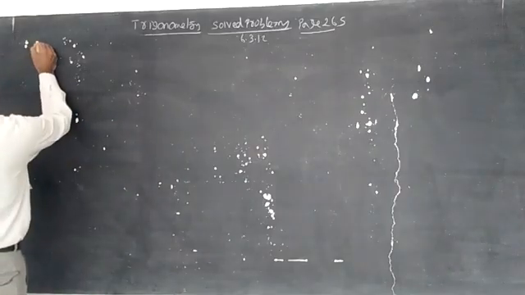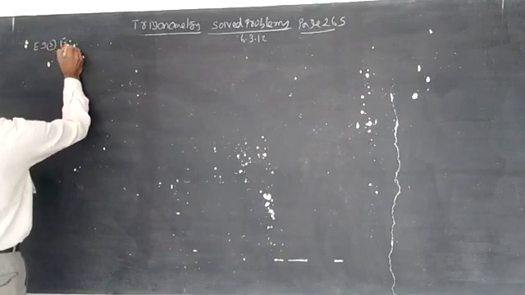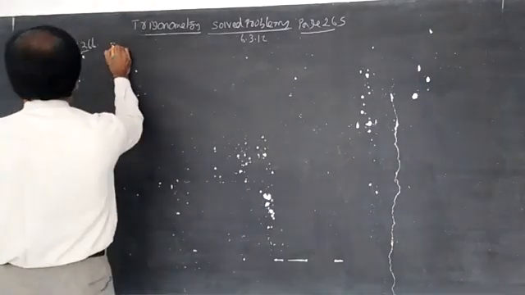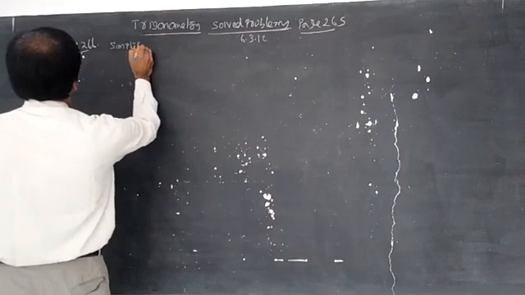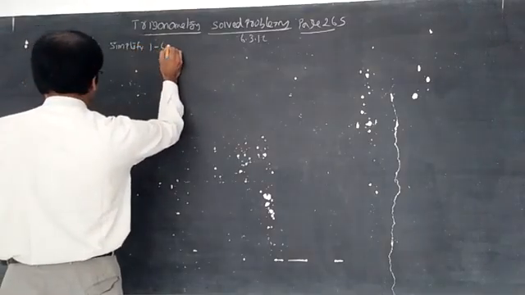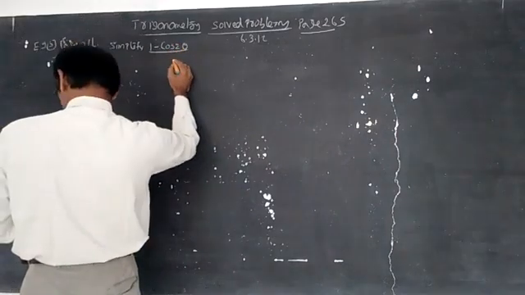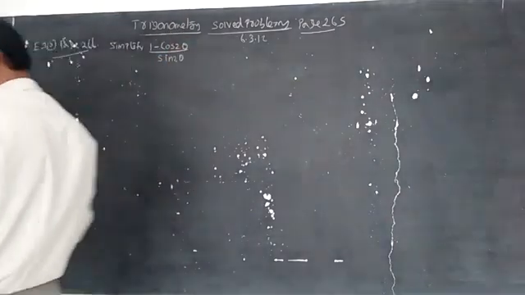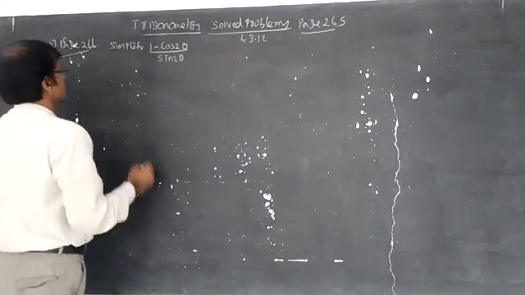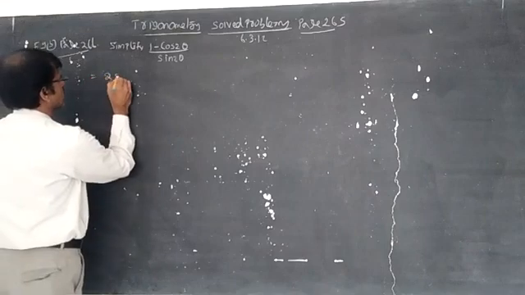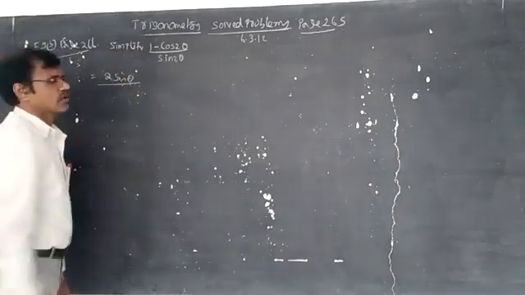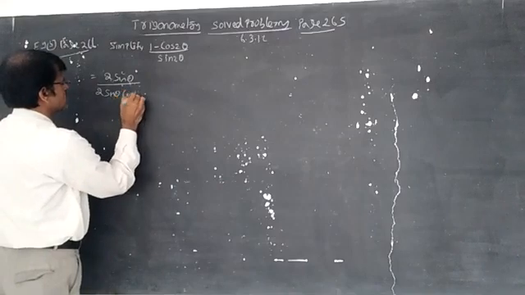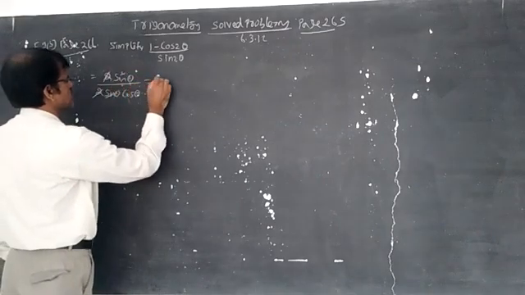Now, example 3, page number 266. Simplify 1 minus cos 2 theta by sin 2 theta. 1 minus cos 2 theta, the formula in terms of sin is 2 sin square theta, and sin 2 theta formula is 2 sin theta cos theta. 2 gets cancelled, sin gets cancelled.